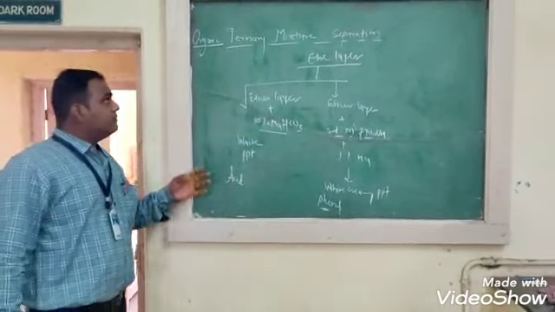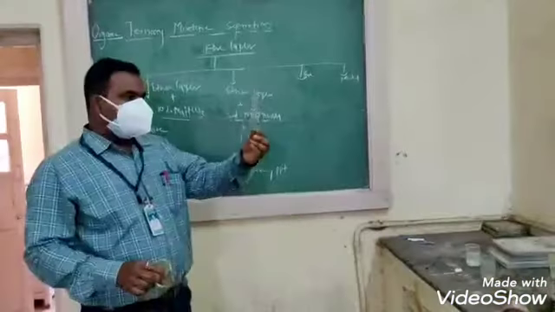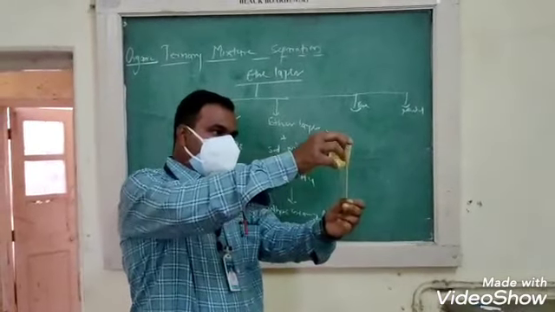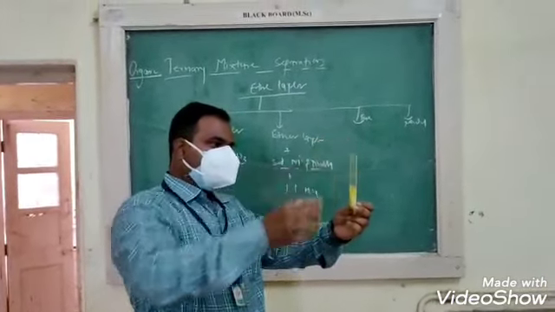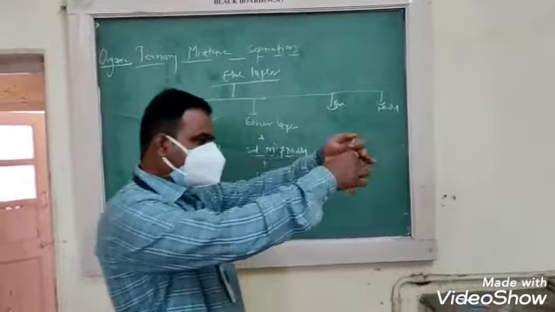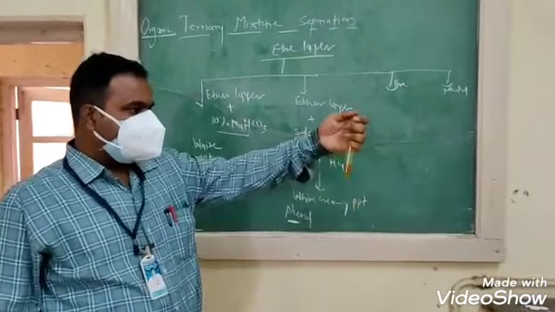Now at this stage, to the remaining ether solution, we add 1:1 HCl. Now see, there is a reaction between the ether layer and HCl.